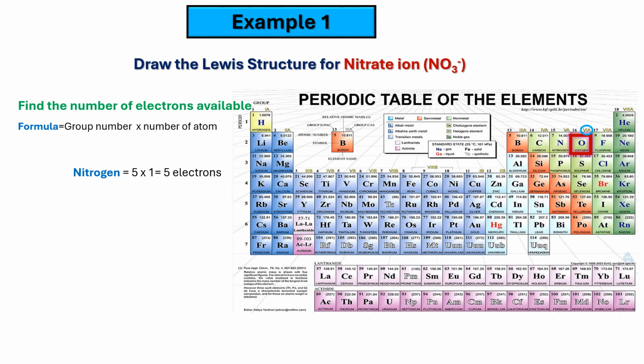Oxygen is in group 6A, and nitrate ion has 3 oxygen. So we say 6 times 3 gives us 18 electrons. So the 3 oxygen together provide 18 electrons.